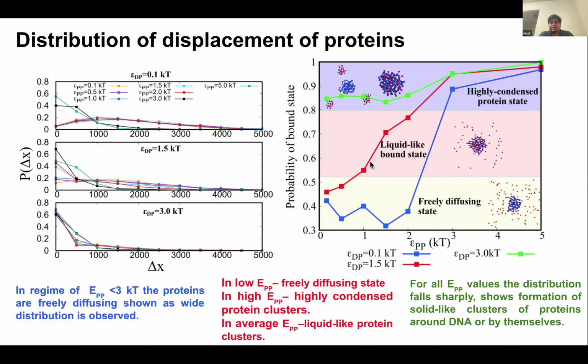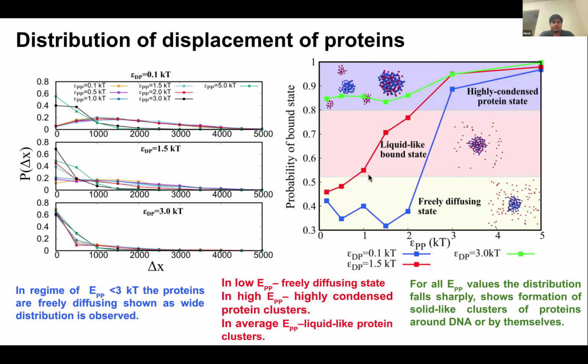So the red region is the ideal required region. We can see that for 1.5 kt of epsilon pp, and the red graph is the epsilon dp of 1.5 kt, the liquid-like bound state is observed. A highly condensed state is observed at 3 kt of epsilon dp and any value of epsilon pp.